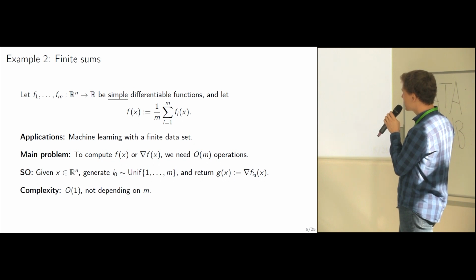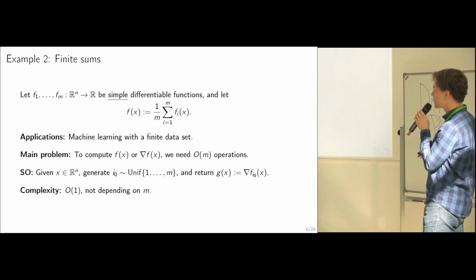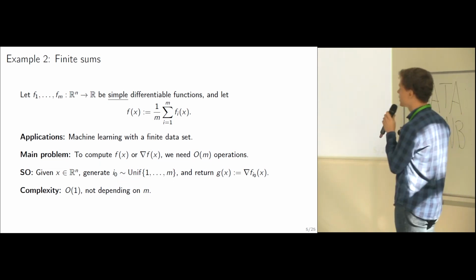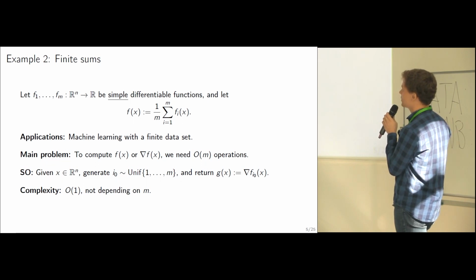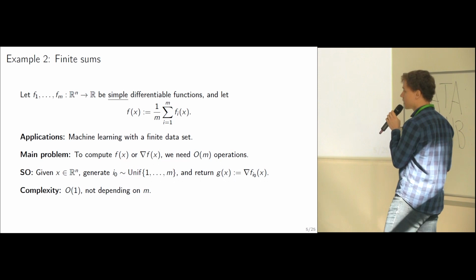Again, if we take the expectation with respect to this random variable i_0, because the distribution is uniform, we will obtain this formula. So this is unbiased. And note that the complexity of this stochastic oracle is independent of m. So we see that we can use this object even if m is very large.